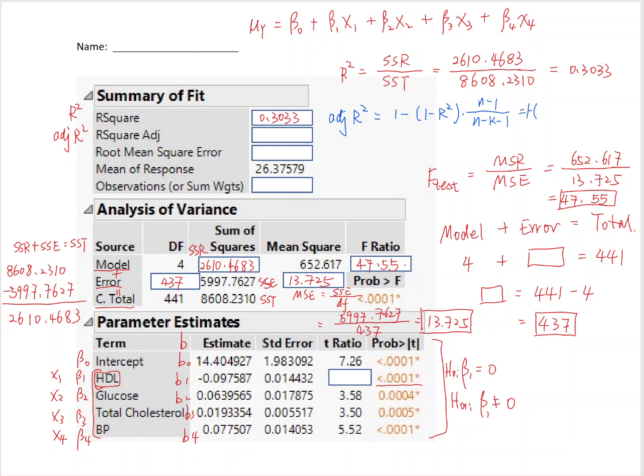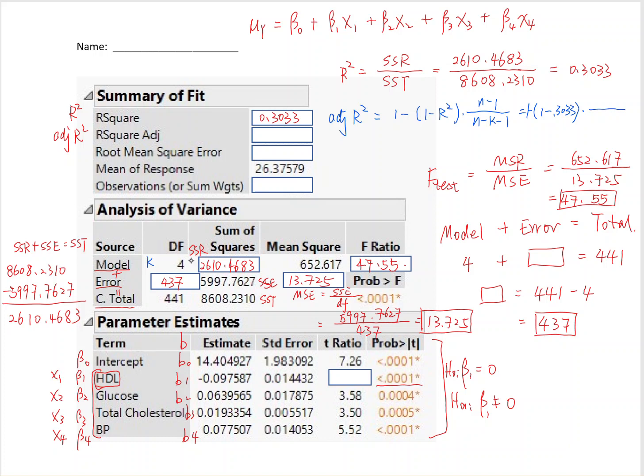So which is 1 minus R squared, 0.3033, times n minus 1. Okay, now we need the n, right? So how to find the n? We say, what is the degree of freedom here? The degree of freedom of model equals how many explanatory variables you have in your regression. So here we have 1, 2, 3, 4.